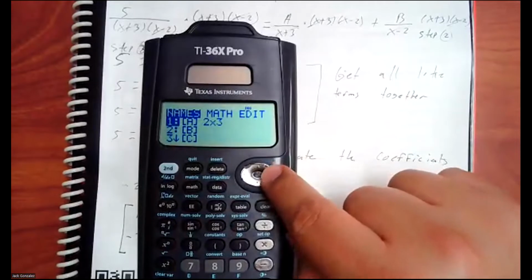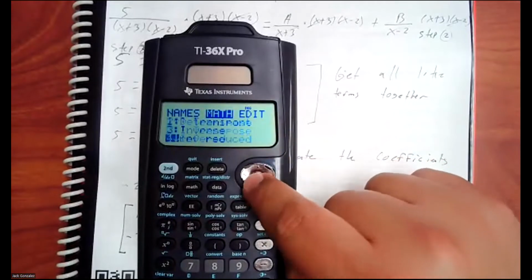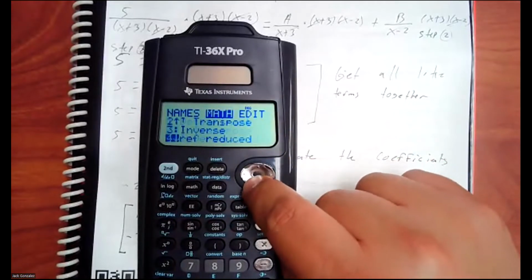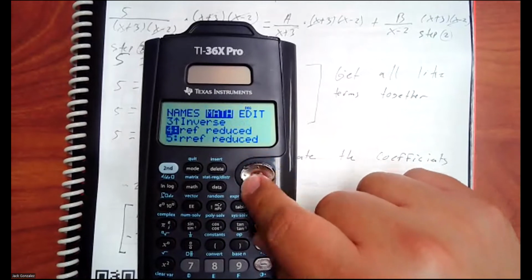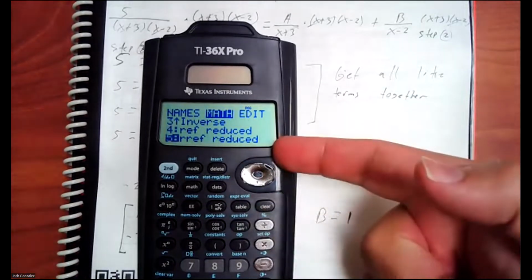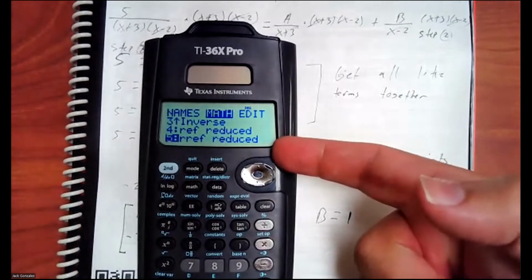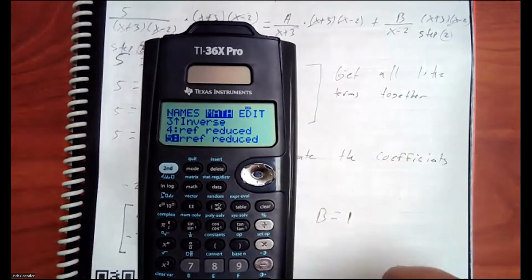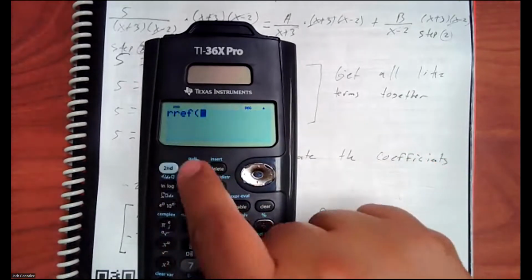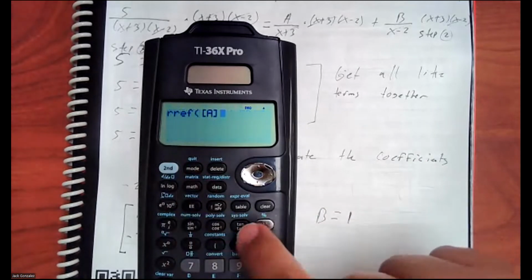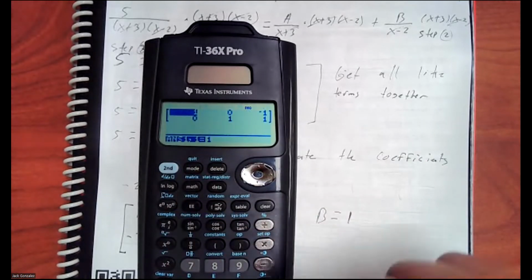When you're in the menu, you go to math. These are all the operations for matrices. So you go to RREF. This is technically the name for row reduced echelon form, meaning it solves it for you, basically. So just go back in there, call the matrix, and that'll solve it.